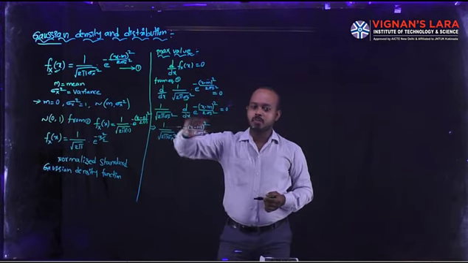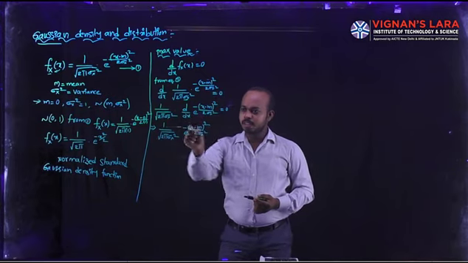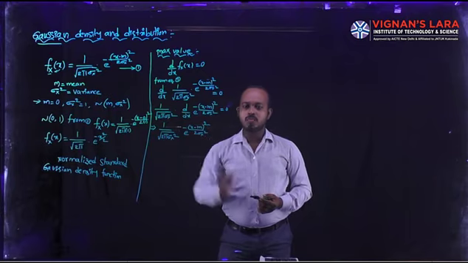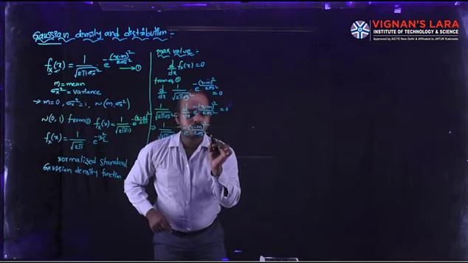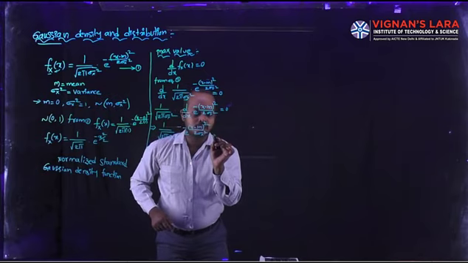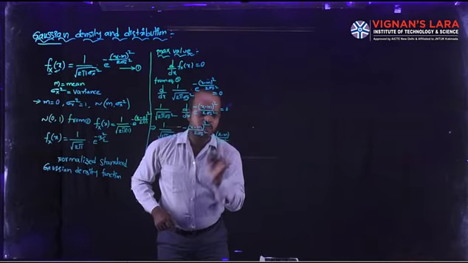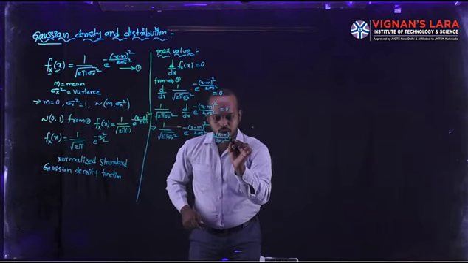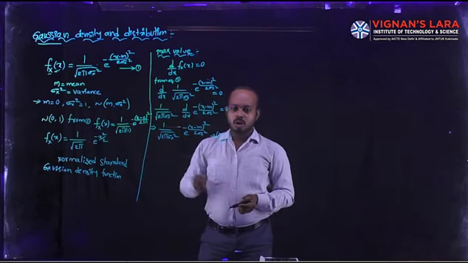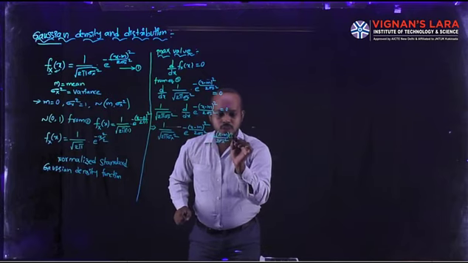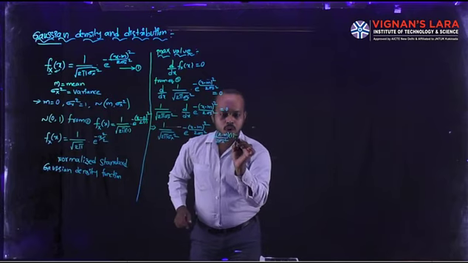The power of the exponential is minus x minus m whole square divided by 2 sigma x square, so the derivative is minus 2 times x minus m divided by 2 sigma x square, into the derivative of the internal term x, which is 1. The total quantity equals 0.